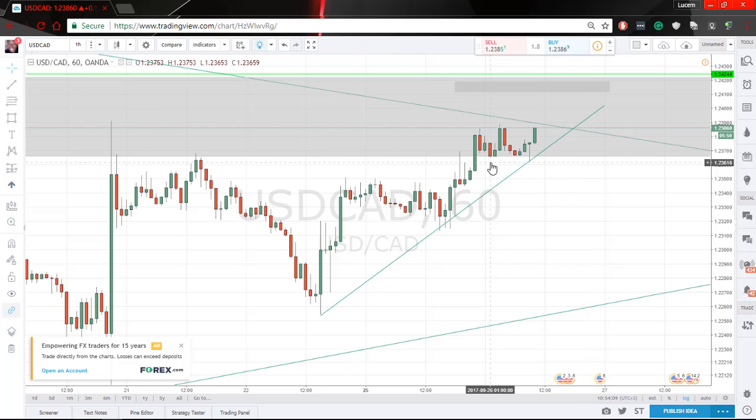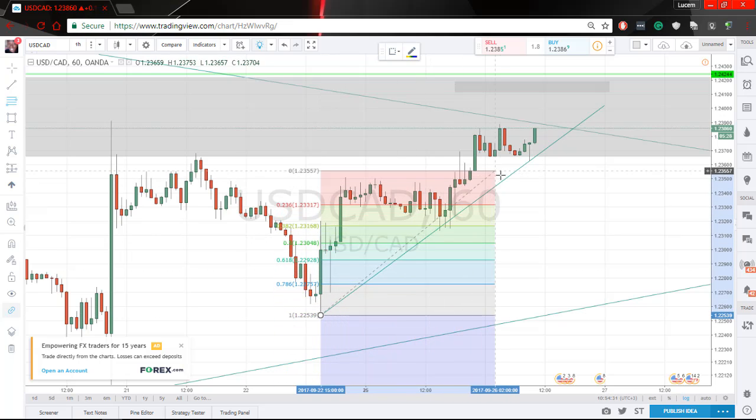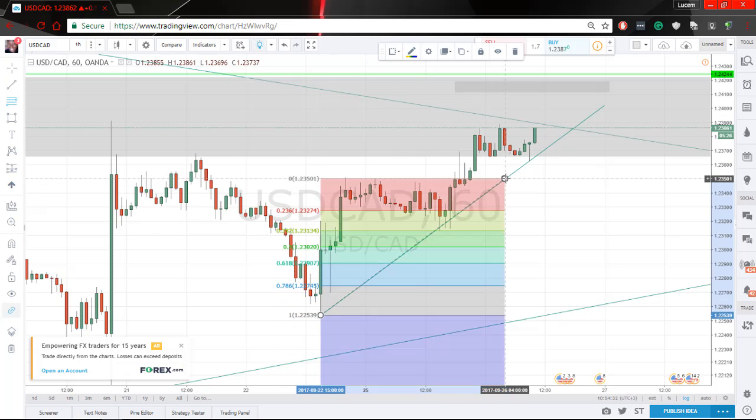If you also notice, this point is a very strong Fibonacci retracement. So let me just put the Fibonacci over here. So we have from here to here, right? That's dirty.